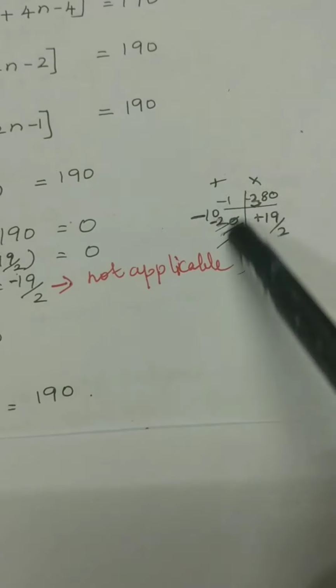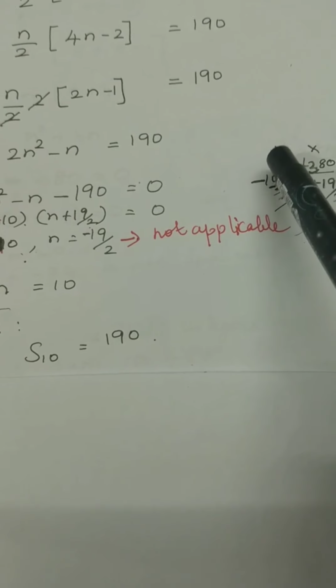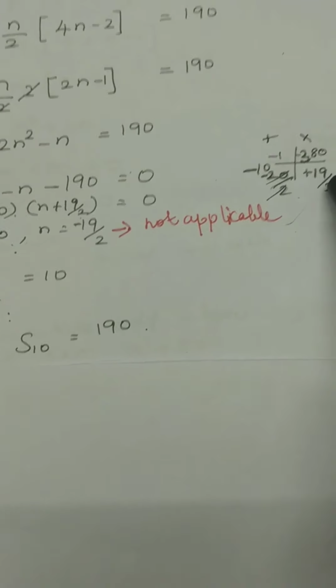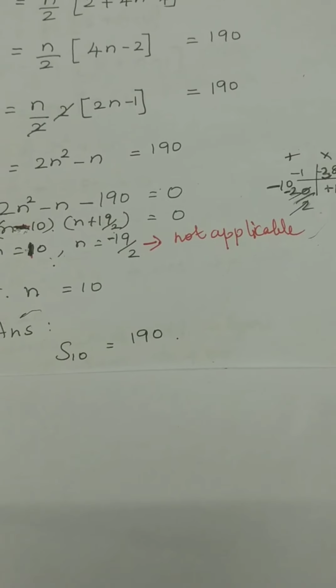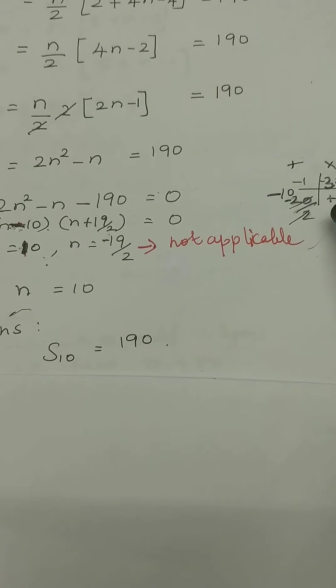So 19 twos are 380, so we can write 19 and 20, because we need minus 1: minus 20 plus 19 is minus 1. If you multiply these two, minus 380 is the answer. Then we have to divide by 2 again. If you divide by 2, you cancel 2 times, then minus 10.